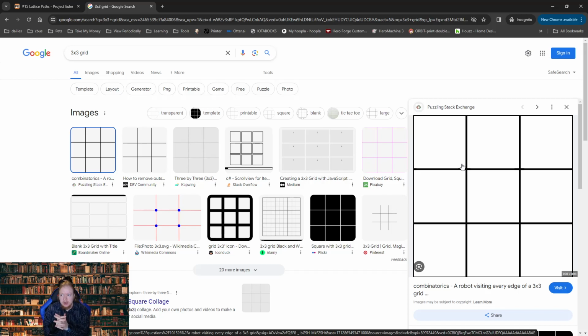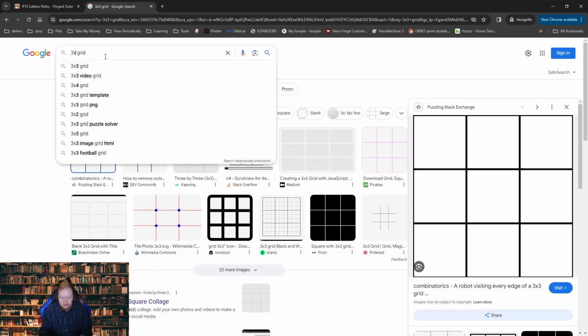So if we say 1 plus 4 plus 20 plus 20 plus 4 plus 1, that might not be the correct answer. Let's go ahead and look at a 4x4 grid and see.